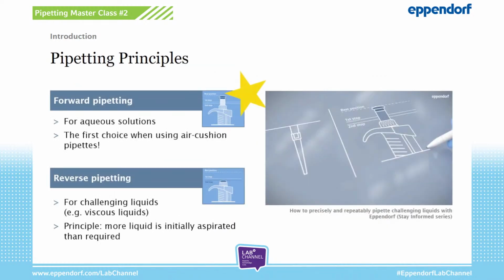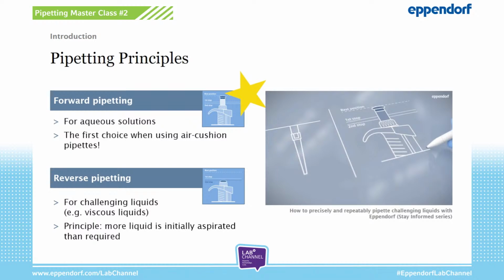So let us take a closer look at the pipetting methods that can be used with air cushion pipettes. They can be used for both forward and reverse pipetting. Forward pipetting is the classical pipetting method that we all know and use every day in the lab. Air cushion pipettes are built for this pipetting, and aqueous solutions and buffers should be pipetted in this way.